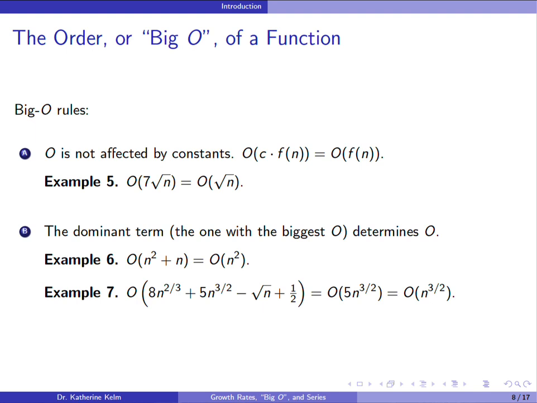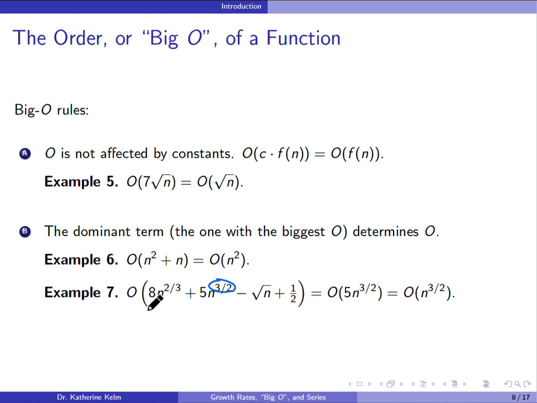Next, the dominant term in a function, which is the one with the biggest big O, actually determines big O. So big O of n squared plus n is big O of n squared, because n squared is dominant over n. Likewise, in example 7, the biggest power of n that we see is n to the 3/2.